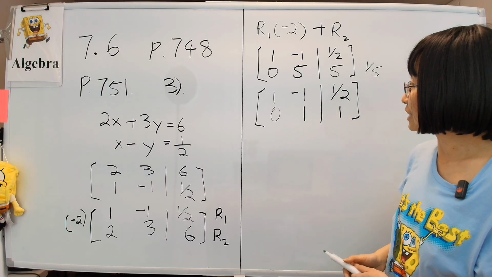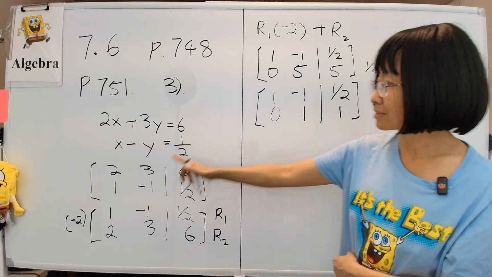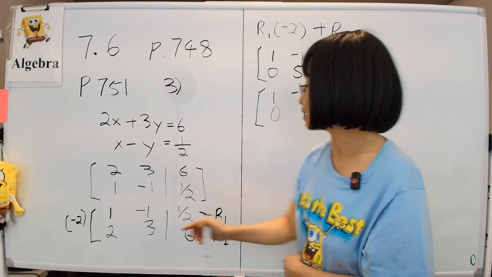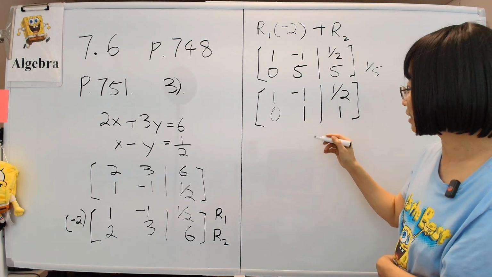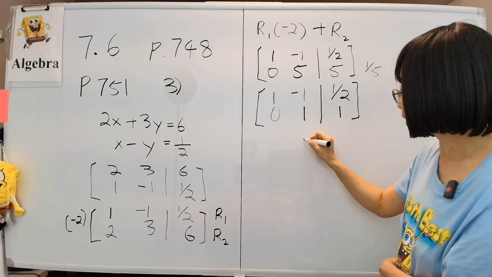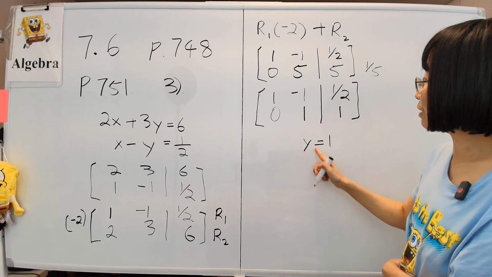So what have we achieved? This column is x, because we start out with x and y. That's the x coefficient, and the y coefficient. So what we achieved here is that y equals 1.